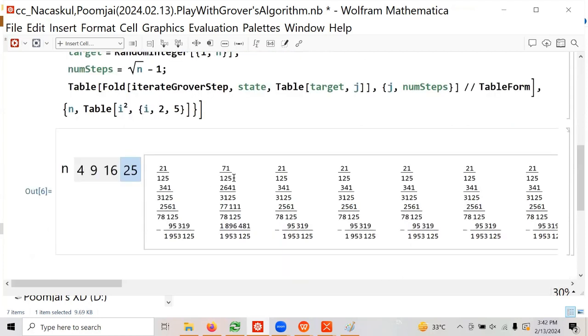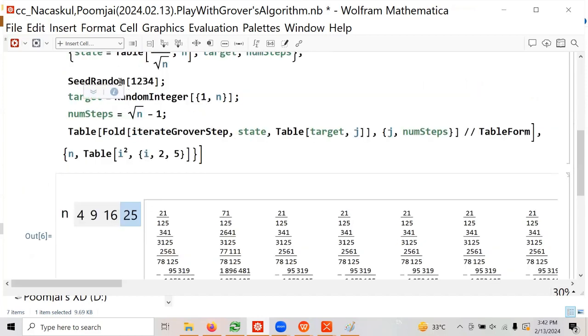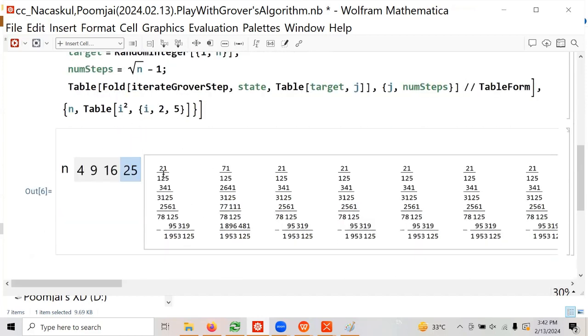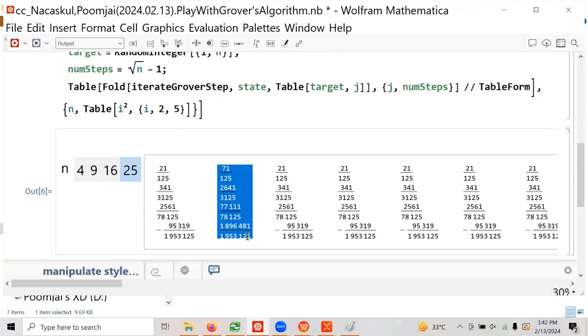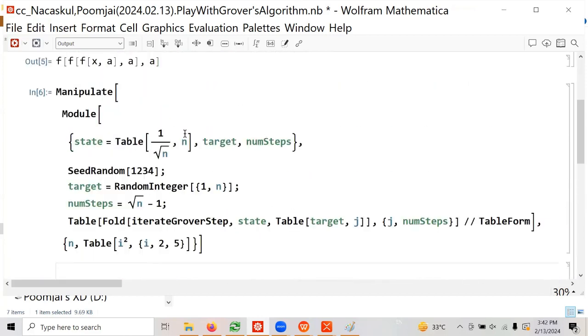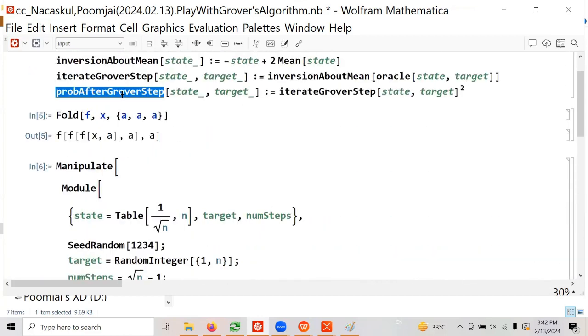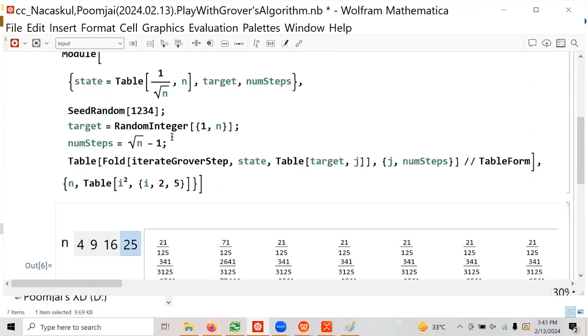Now you can see here, I randomize an integer. I don't know what number it is. It turns out to be this second guy, I think. Okay, so this is a state because I squared it. So instead of iterating over steps, let's do this table.